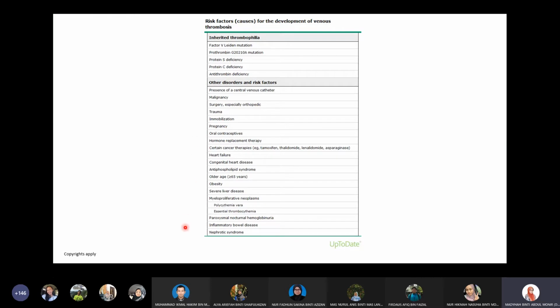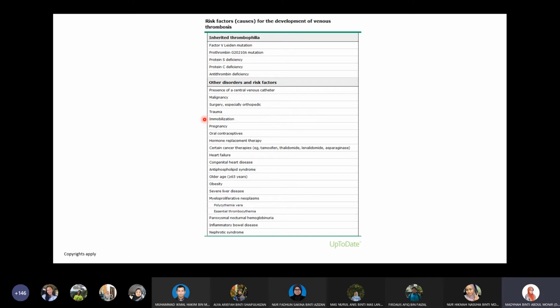In venous thrombosis, among the important ones is immobilization or extended bed rest. What will happen? Because the patient has prolonged bed rest or immobilization, there will be reduced milking action of the leg muscle, thus there will be slow venous return.